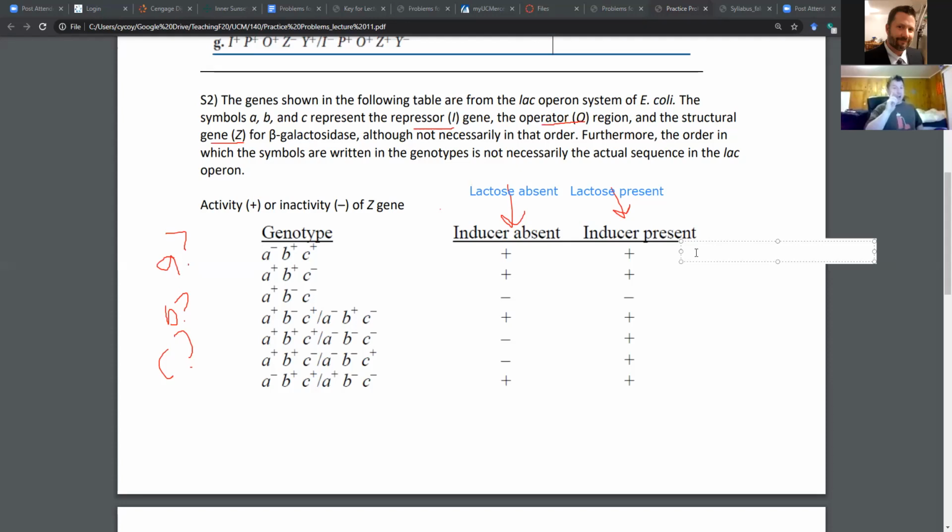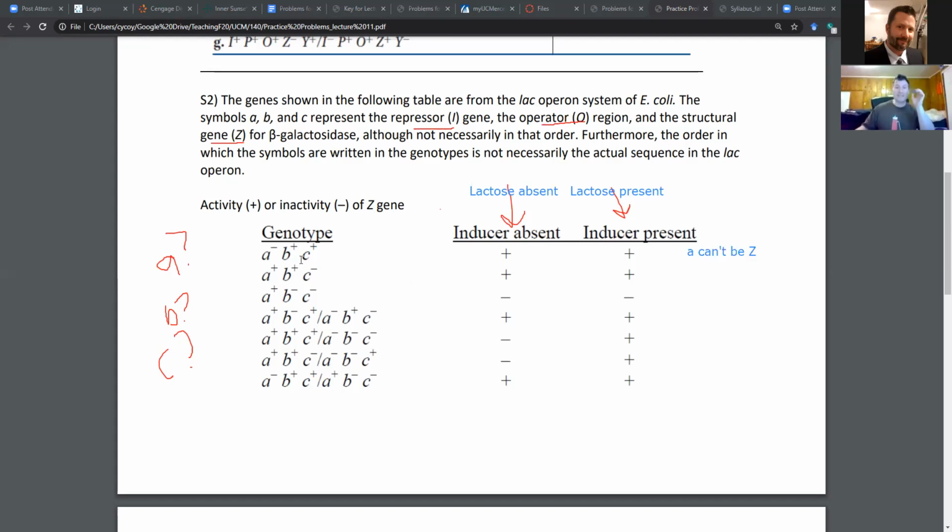Well, so we know A can't be Z. That is one thing we know. Because if you mutate Z, these would be all off. So the only thing we've really gotten from this first one is A could be the I, and that minus could be a broken inhibitor.